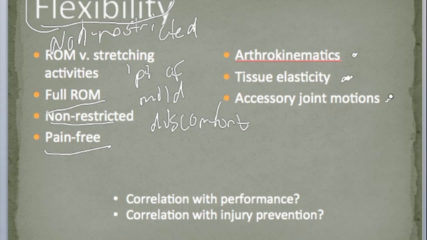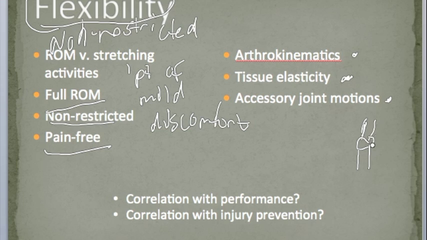And then remember, accessory joint motions, that's going to be, if you think about your joint mobilizations, or doing some of those joint glides that you learned when you're looking at a joint play assessment. You'll learn more about that coming up. But the ability to get your finger joint to slide side to side. So if, let's say, this is your distal phalange, here's your knuckle, and here's your proximal phalange.